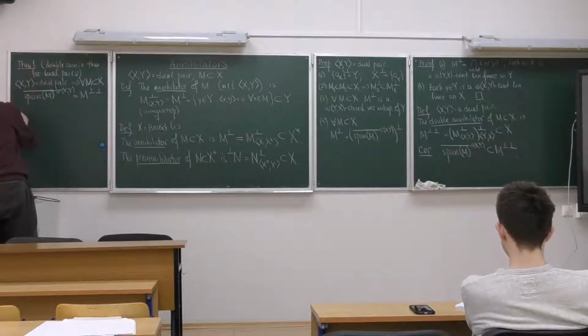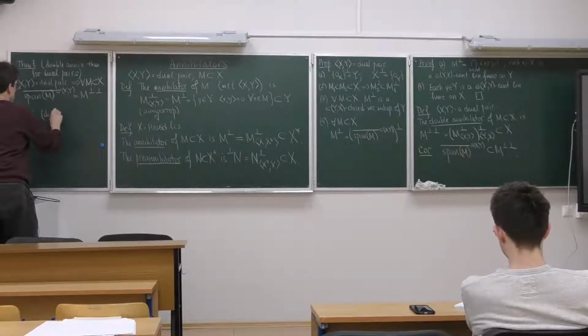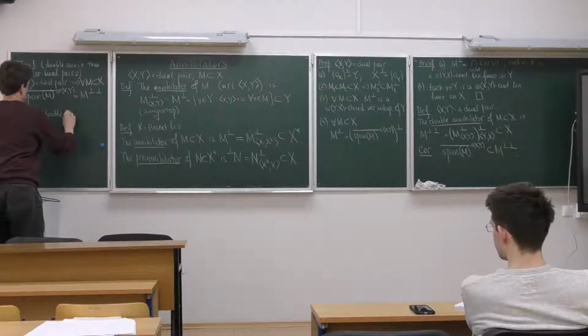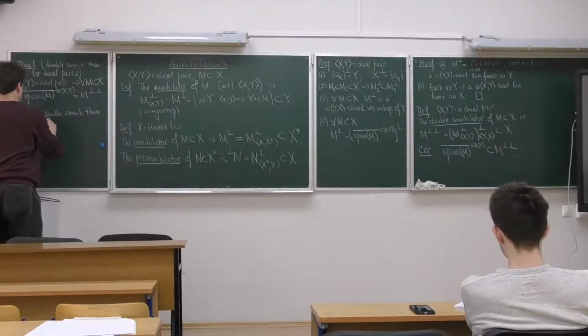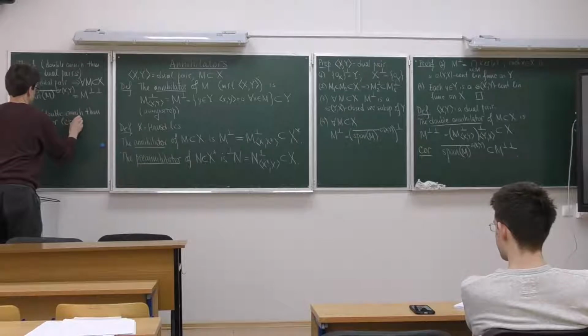And we also have the following closely related result. This is theorem 2. And this is the double annihilator theorem for locally convex spaces.